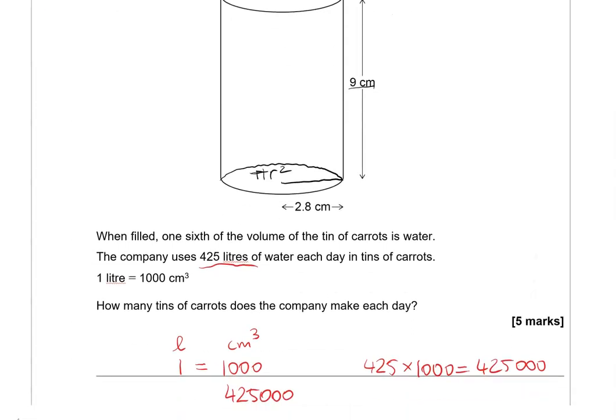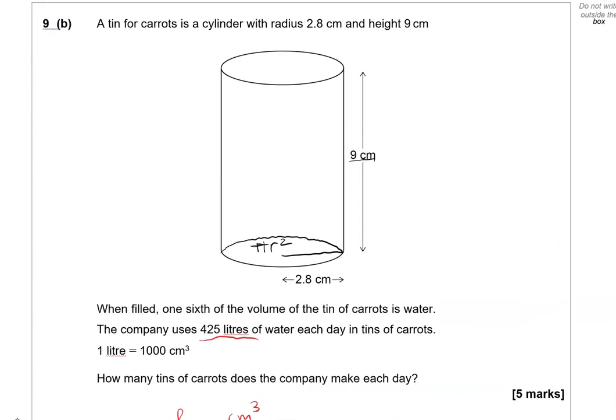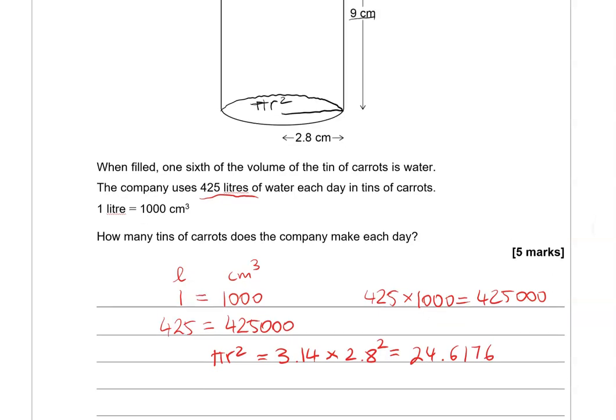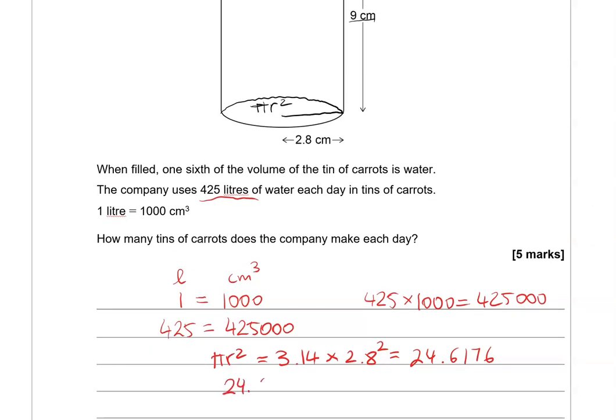So pi r squared, replacing r with 2.8 and pi with 3.14, so 3.14 times 2.8 squared gives us 24.6176. Now we multiply that by 9. 24.6176 times 9 gives us 221.5584 cubic centimeters, and that's the volume of the tin.